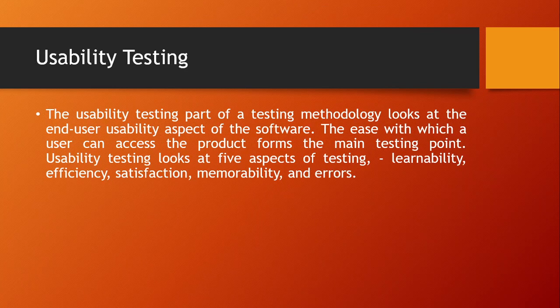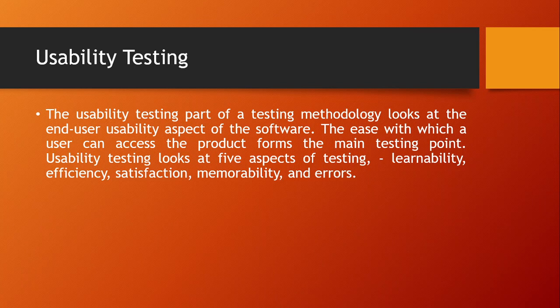Usability testing. Usability testing is part of a testing methodology which looks at the end user usability aspect of the software. The ease with which a user can access the product forms the main testing point. So usability testing looks at five aspects of testing: learnability, efficiency, satisfaction, memorability, and errors.